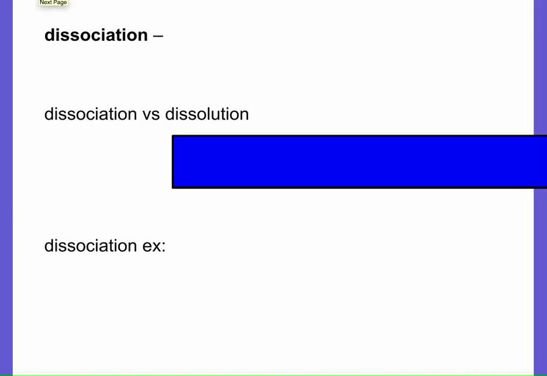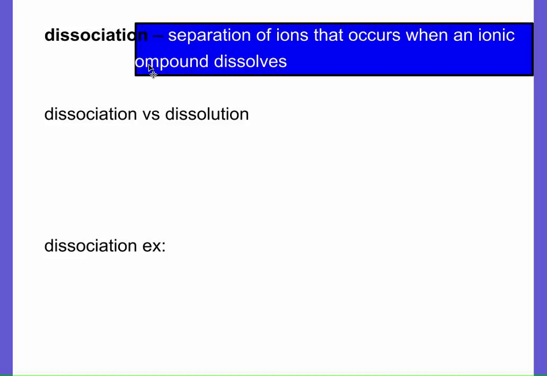Okay, so first we need to know what dissociation is. That's a separation of ions that occurs when ionic compounds dissolve. And you're going to have to understand that there is a difference between dissociation and dissolution. In dissociation, you have ions that separate. So you're going to have either an ionic compound, or, as we'll talk about later, an extremely polar compound that can separate into ions.